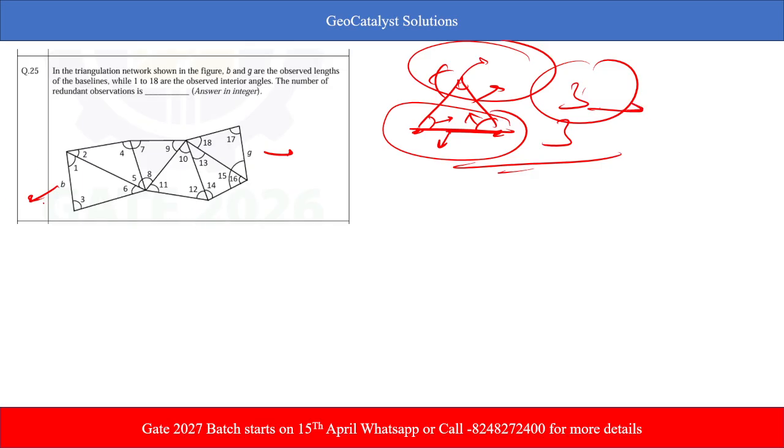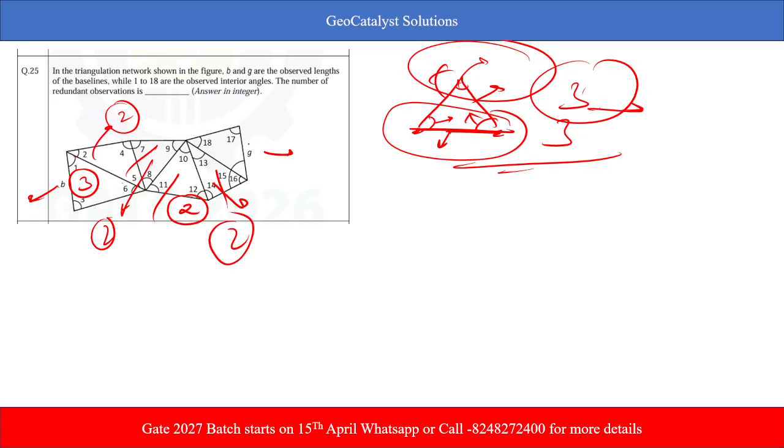So now let's start from here. Triangle 1 needs one baseline and two angles, so here it will be 3. For the second, one baseline is fixed from before, so two angles itself will do. Like that, triangle 3, triangle 4, triangle 5, all will require only two pieces of information.